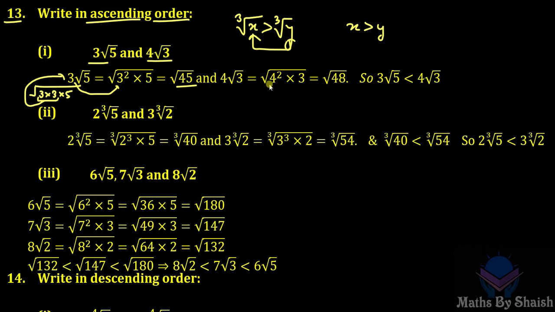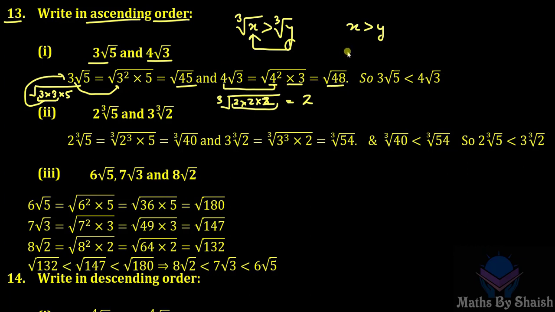Similarly for this, 4 into 4 into 3, and the concept behind it is the same. Like if we have a cube root and you have 2 in a pair of 3, then we can take it out as 1 single 2. So the same for the square root, it was outside, so we bring it inside by taking the square of it, and then we got 48.